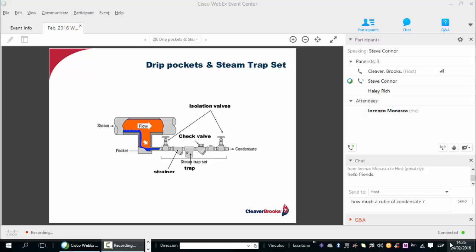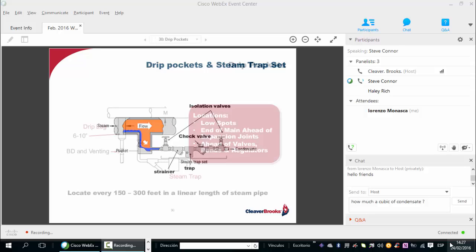I discussed this subject at length during the November webinar, so I certainly won't belabor it now, but suffice to say, in addition to the drip pocket, you see the recommended steam trap set consisting of the isolation valves, the strainer before the trap, the steam trap, and the check valve on the discharge side of it.